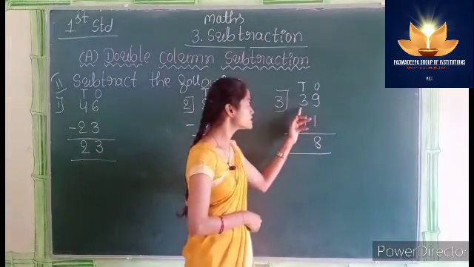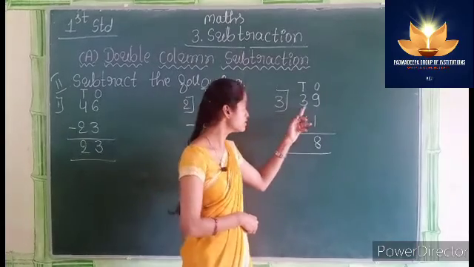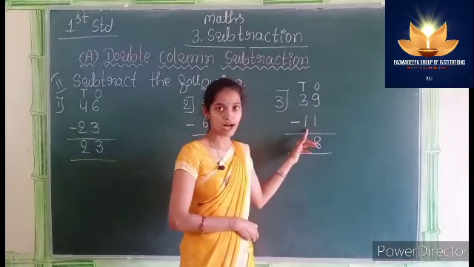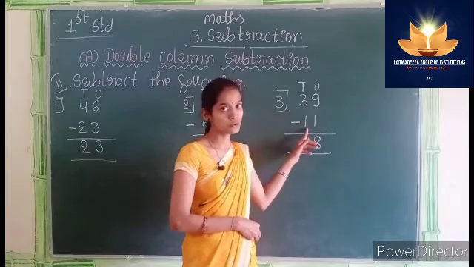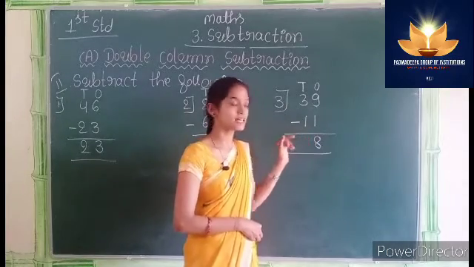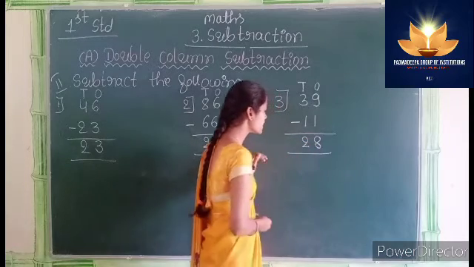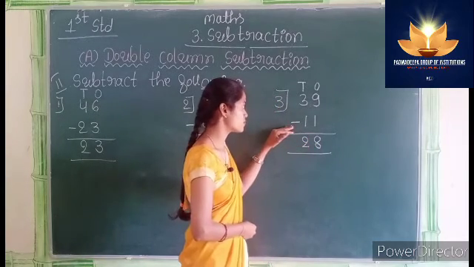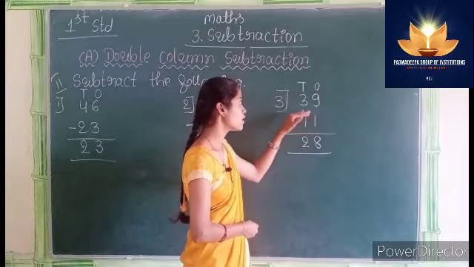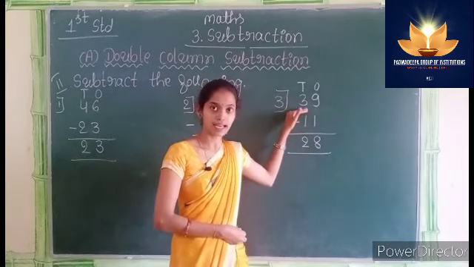Then tens place digit subtraction. 3 minus 1 that is 2 and the 2 should be written below this tens place. We get 28 after subtracting 11 from this 39.